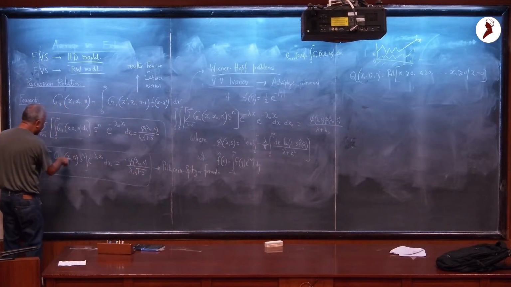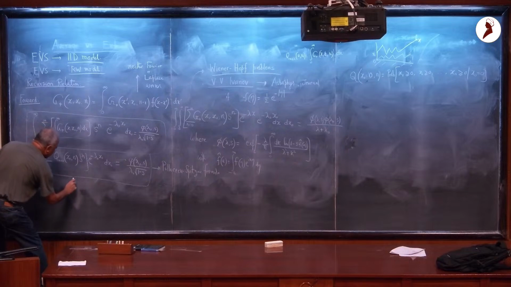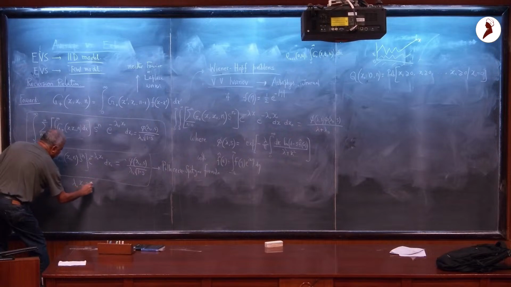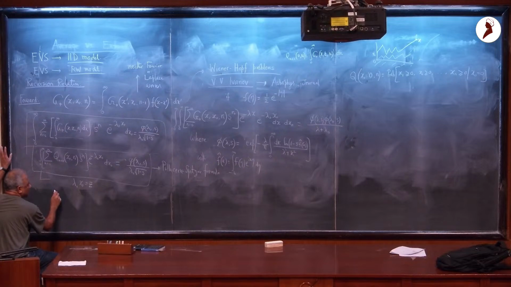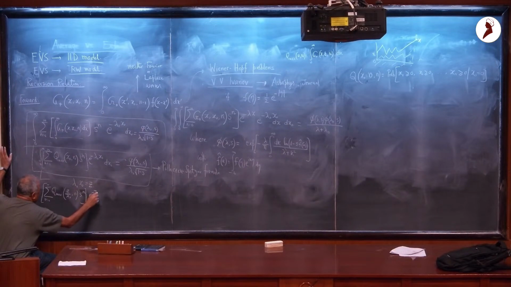To extract the Q0n, this is the usual asymptotic analysis. What you do is make a change of variable. You call this integral here z. Once I make this change of variable, this will be Q max of z over lambda naught n, s to the power n, sum over n from 0 to infinity, e to the power minus z dz, from 0 to infinity, and then 1 over lambda naught on the left hand side.